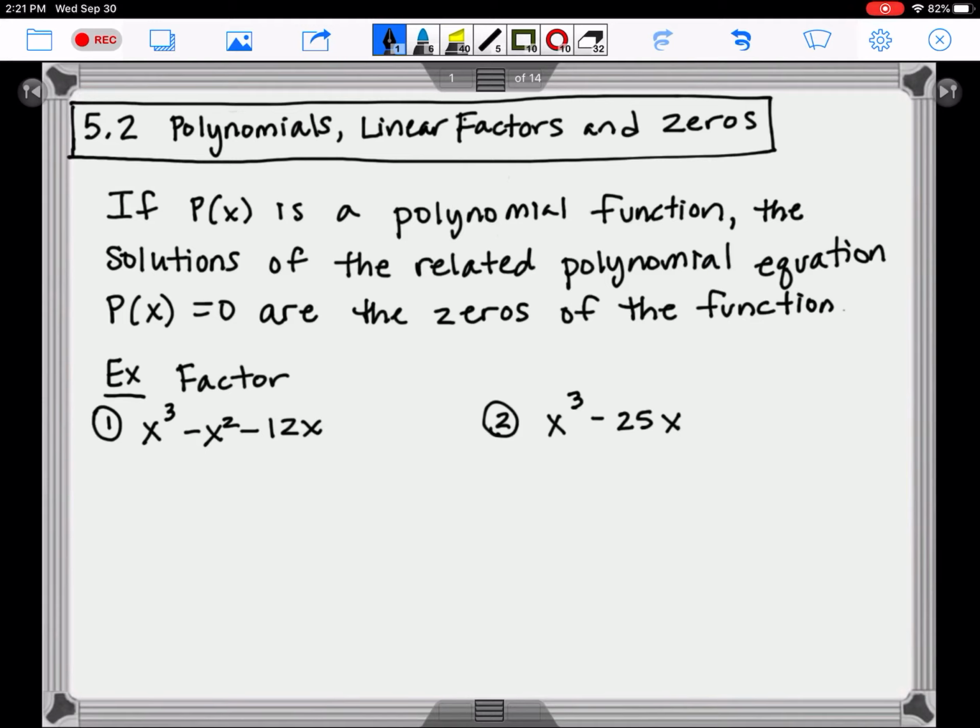If I'm asking you what is the factored form of x to the third minus x squared minus 12x, one of the first things you want to look for is to factor out the greatest common factor. Anytime that you factor, that's the first thing you want to look for. So if I factor an x out of that polynomial, I have x times x squared minus x minus 12.